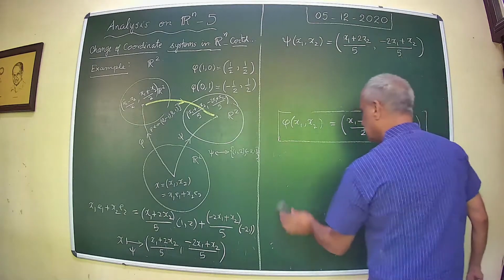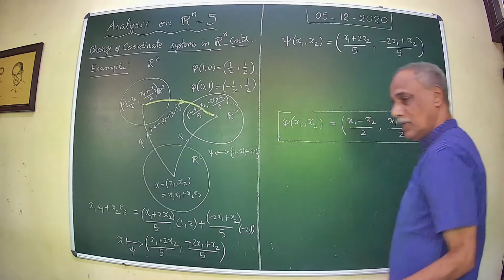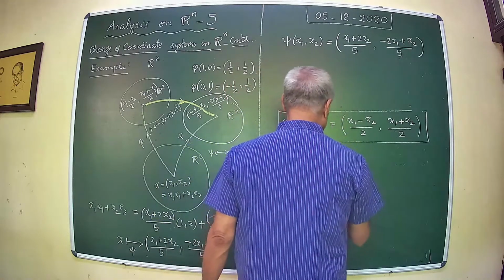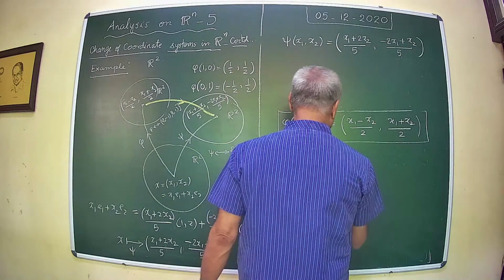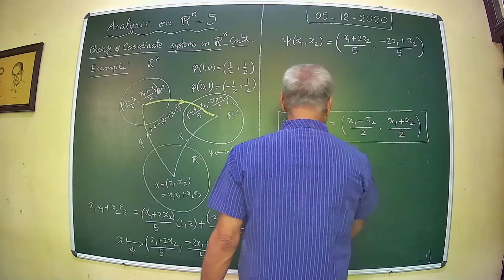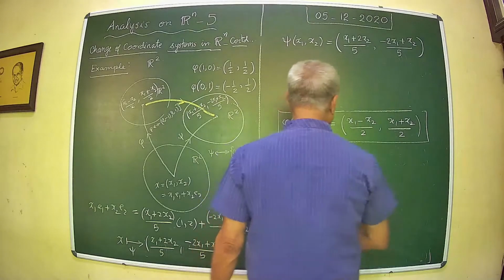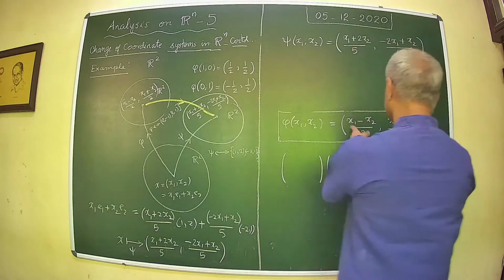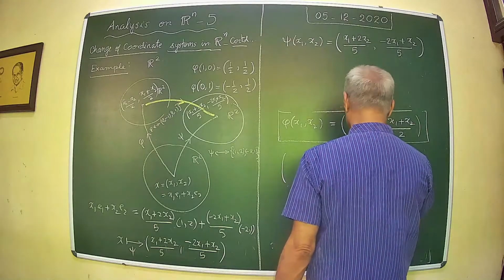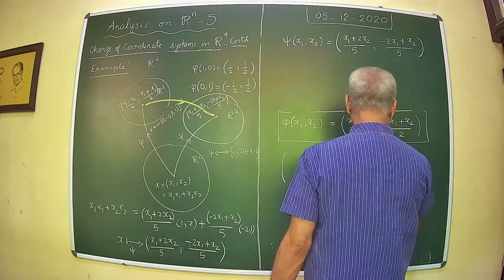If you represent (x1, x2) as a column vector, then this is mapped to something like minus x2 by 2.